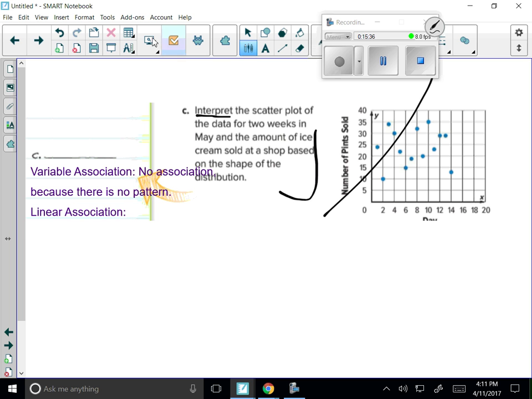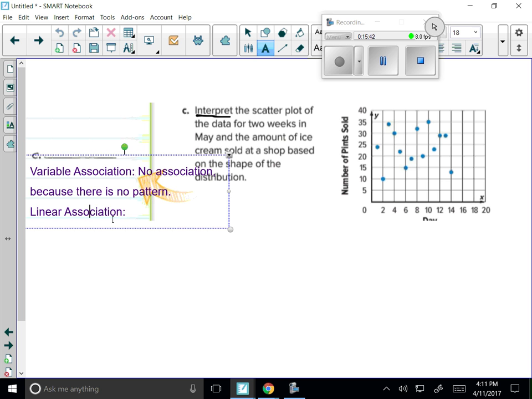But this scatter plot has none of that. So on this one, for the linear association, we can just say that there's none. And the other patterns, you can actually leave blank. If there is no variable association or linear association, you're not going to find too many patterns. Maybe an outlier. That's it.